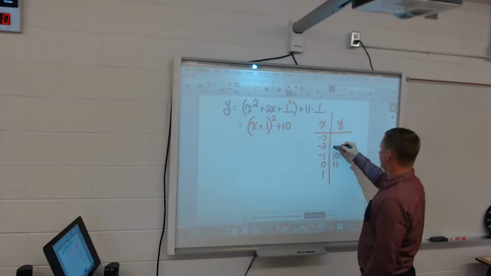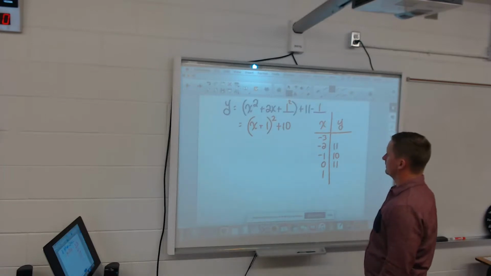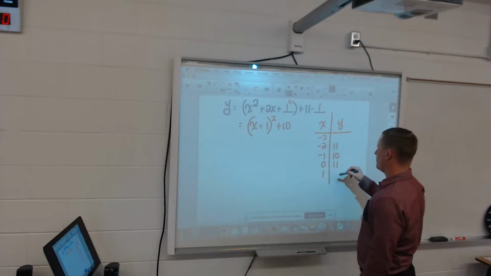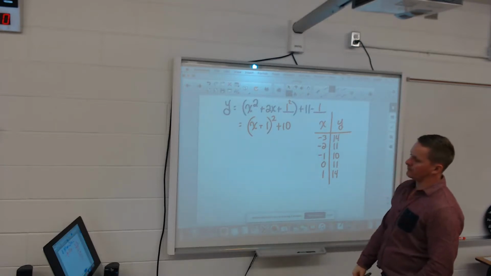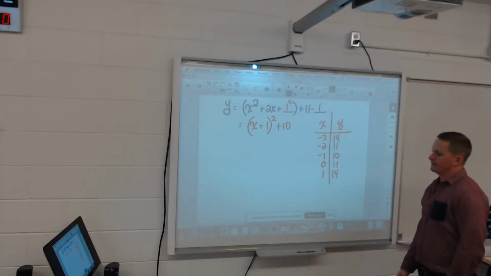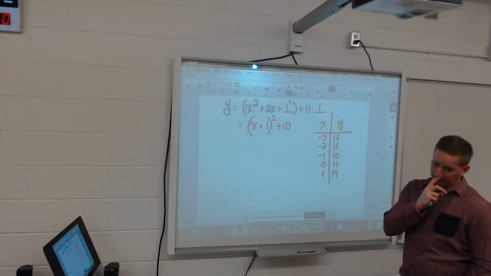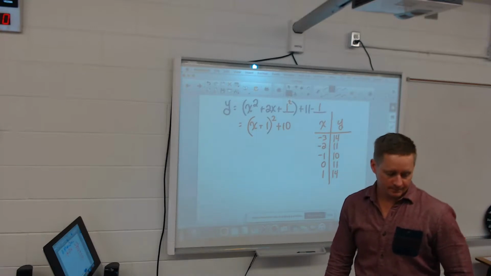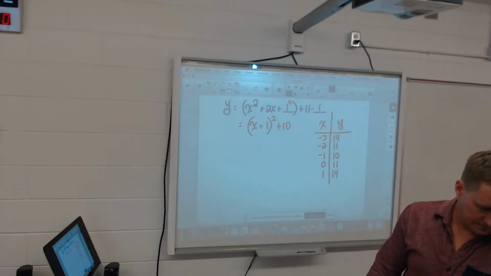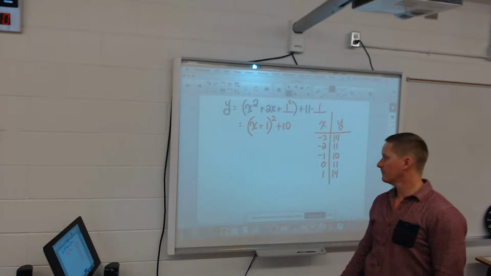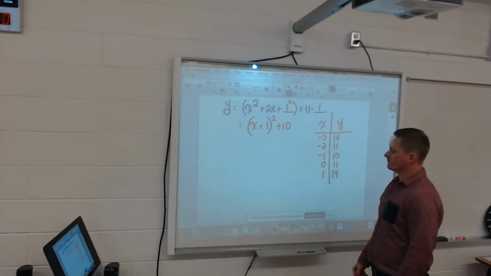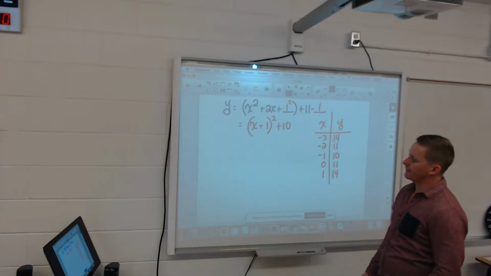So this would be 11, this would be 11. 2 squared is 4. This would be 14, and this would be 14. So that's what I would see for that. Okay. So you found those y's by plugging in each one. You'd have to plug each one in for x and solve for y every time. Yes, that's right.